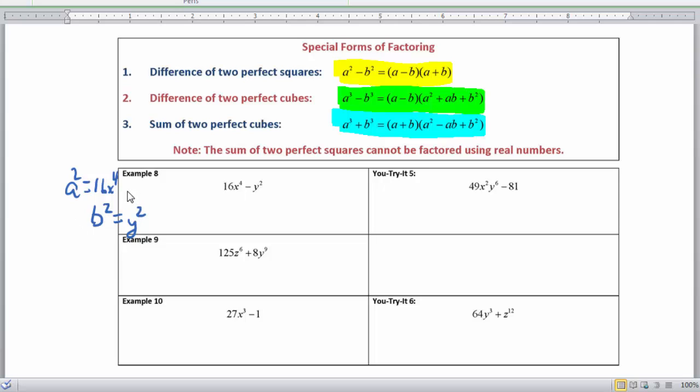So if a squared is 16x to the fourth, what would a be? Well, how do you get from a square back to the first power? You take the square root. So what's the square root of 16x to the fourth? It would be 4x squared, right?